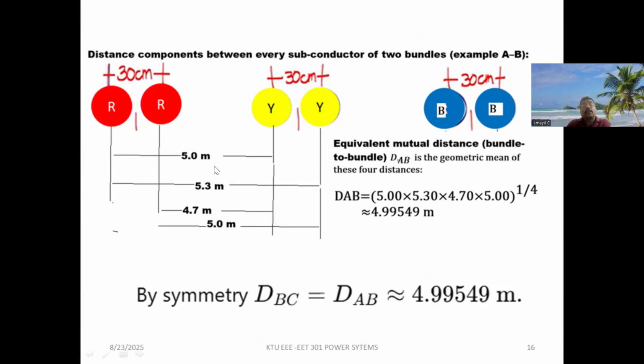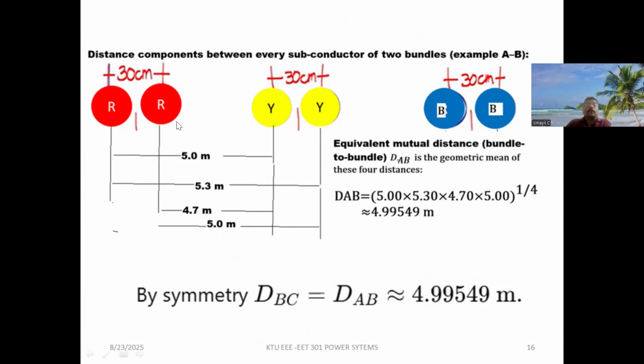That will be 5 meter. Similarly, the first subconductor of the R phase and the second subconductor of the Y phase, the distance is 5.3. That is, I have to add 15 centimeter this side and 15 centimeter this side. So total it will be 5.3.